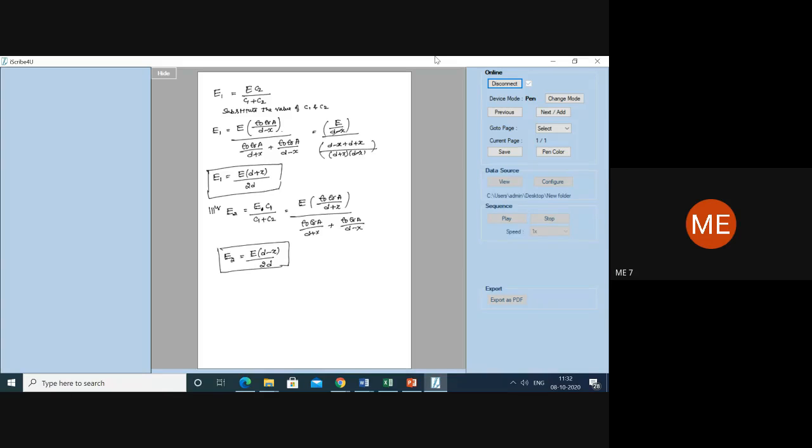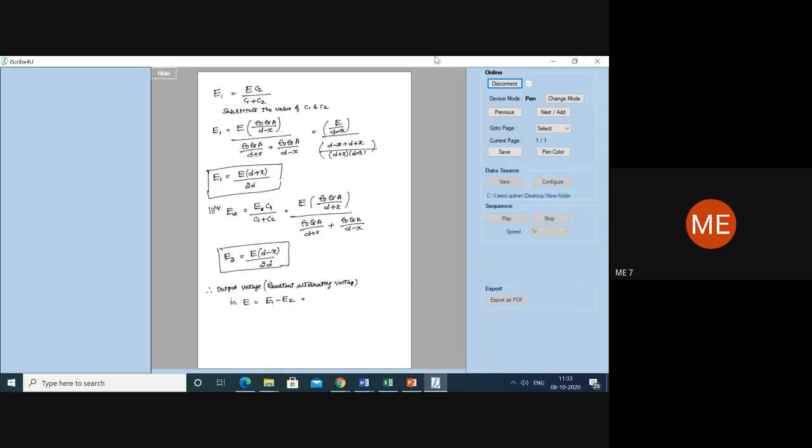Now we have got the alternating voltage E1 and alternating voltage E2. What is required for me is the output voltage, which is the resultant alternating voltage E equal to E1 minus E2.